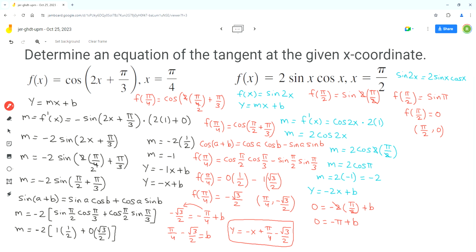Now we can move this pi term to the left side, and that will make the pi term positive. So this is the b value for the tangent, and now we can write the equation of the tangent. So this should be the equation of the tangent in slope-intercept form.